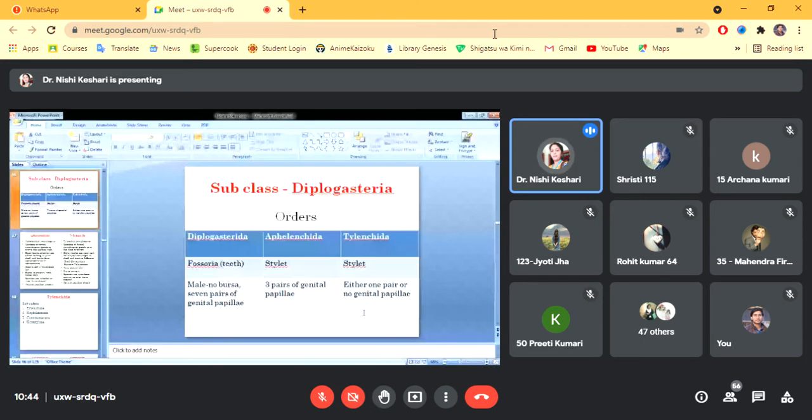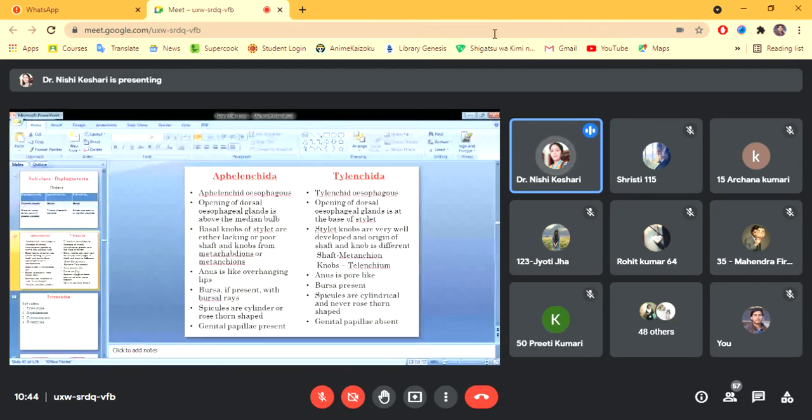Now, what is the difference between Aphelenchida and Tylenchida? We will study only these two orders, which are very advanced nematodes. Most of the economically important nematodes for our crops are here, and in Aphelenchida, mushroom nematodes are there because they are fungal feeders.